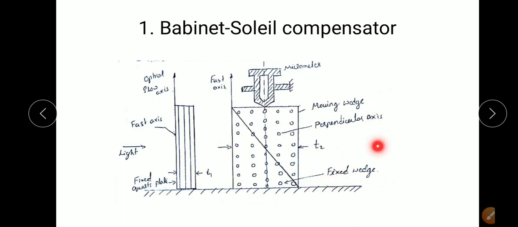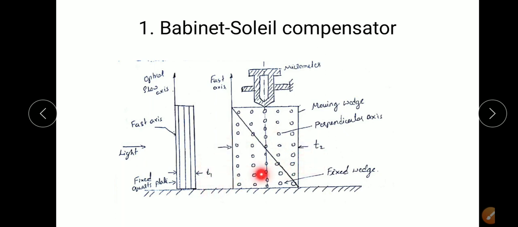What happens to the fringe pattern which you get at the end? If you require the fringe pattern with negative retardation, you have to set T1 less than T2. If you want positive retardation, you have to set T1 greater than T2.